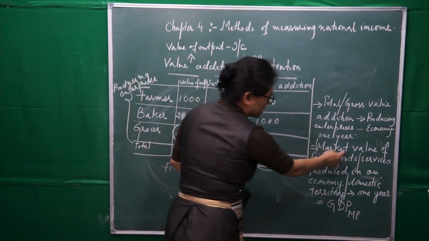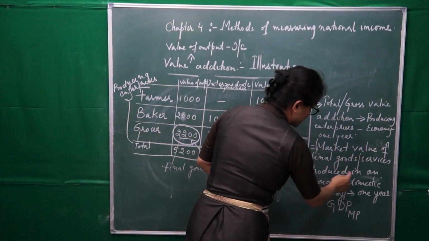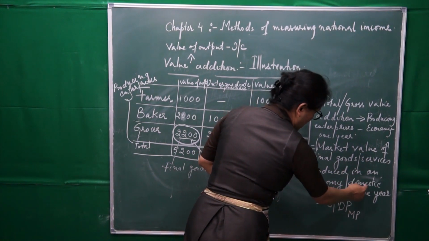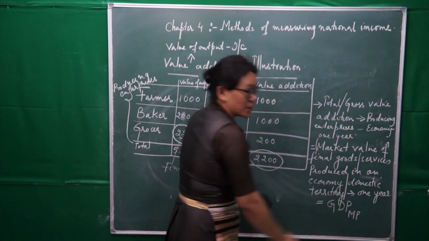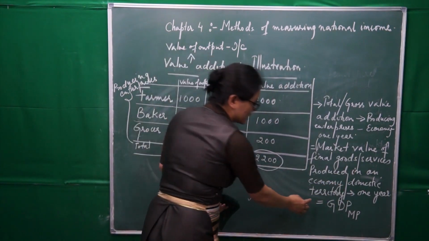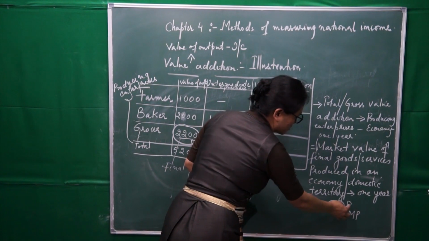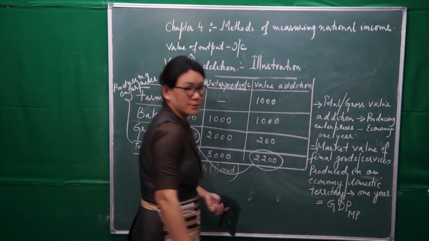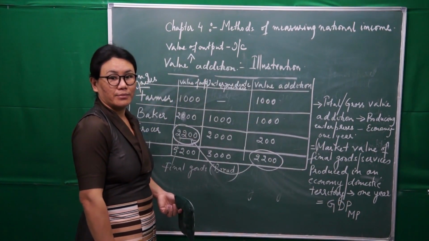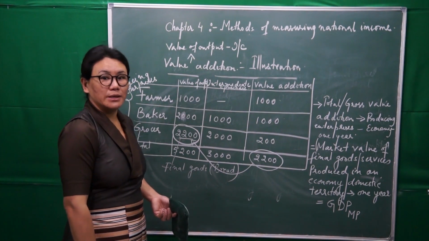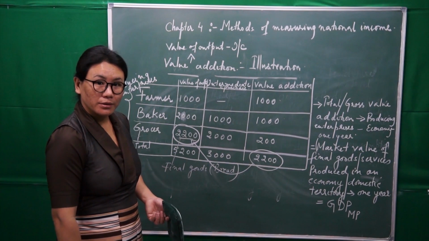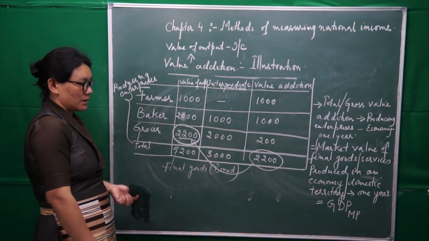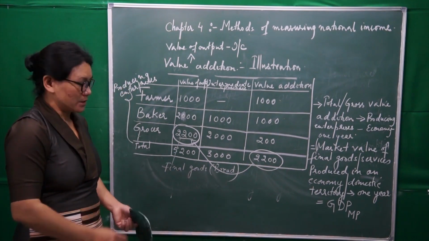This one, market value of final goods and services produced in an economy, or we can say within the domestic territory of a country during 1 year, is nothing but gross domestic product at market price. Is that clear? Okay? Okay. Now see here.